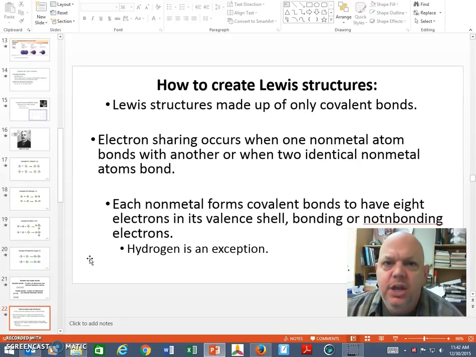So let's just take a quick review. We talked about the idea about bonding. We know that atoms will bond because of the valence electrons. The Lewis dot structures explain to us how covalently bonded atoms are going to connect with each other. This does not work as well with ionic, so you have to stick with covalently bonded atoms.